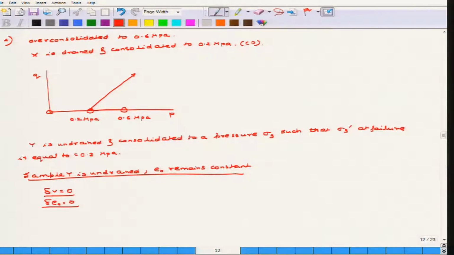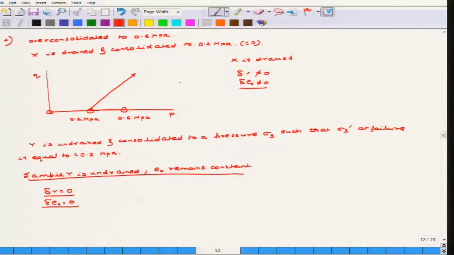So since sample X is drained, obviously in this case the volume change is the only factor. So delta V is not equal to 0, so delta e naught is not equal to 0. If you consider it to be an over consolidated soil, or even normally consolidated, with the process of draining the void ratio will either increase or decrease depending on whether the sample is dilating or compressing during the shear.